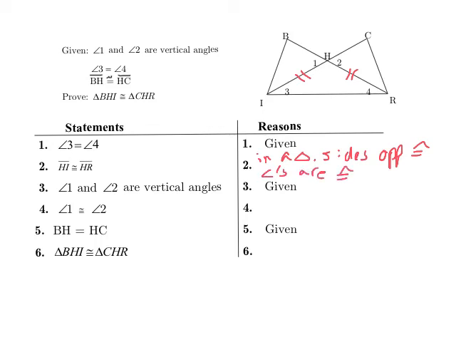And then we're given that 1 and 2 are vertical angles, so we can say angle 1 is congruent to angle 2 because vertical angles are congruent.